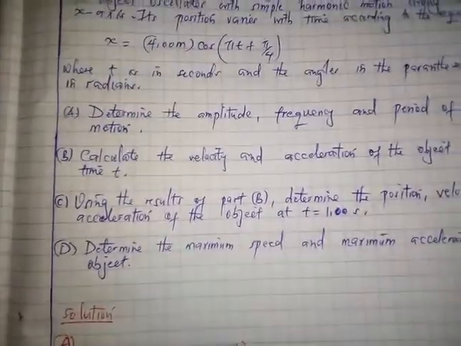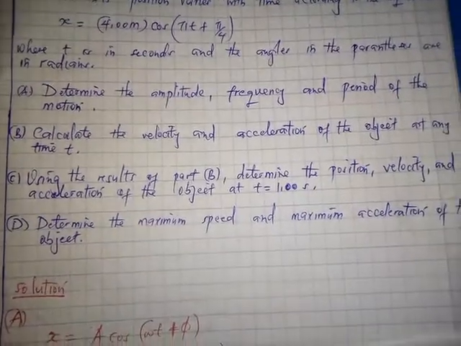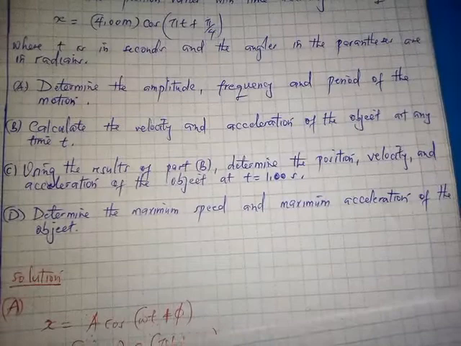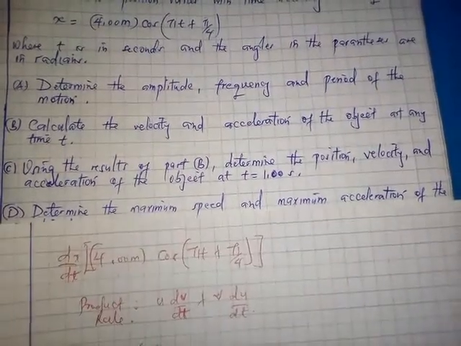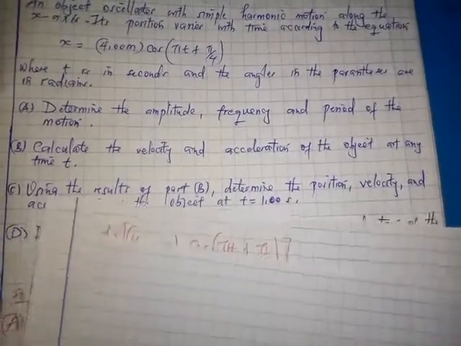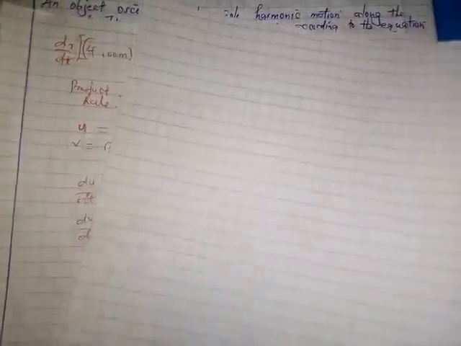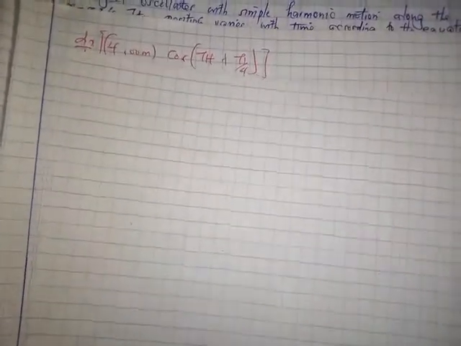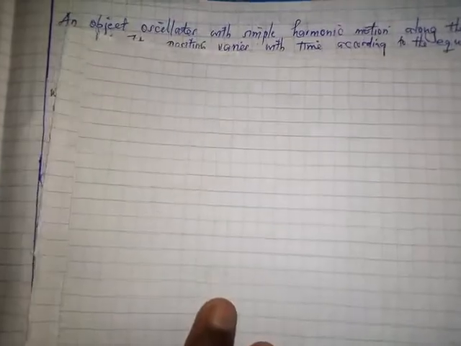For acceleration, since the question says calculate the velocity and acceleration of the wheel at any time t, we are done with the velocity. So for acceleration, we'll do the same as we have done for velocity. So we shall find the derivative of velocity.